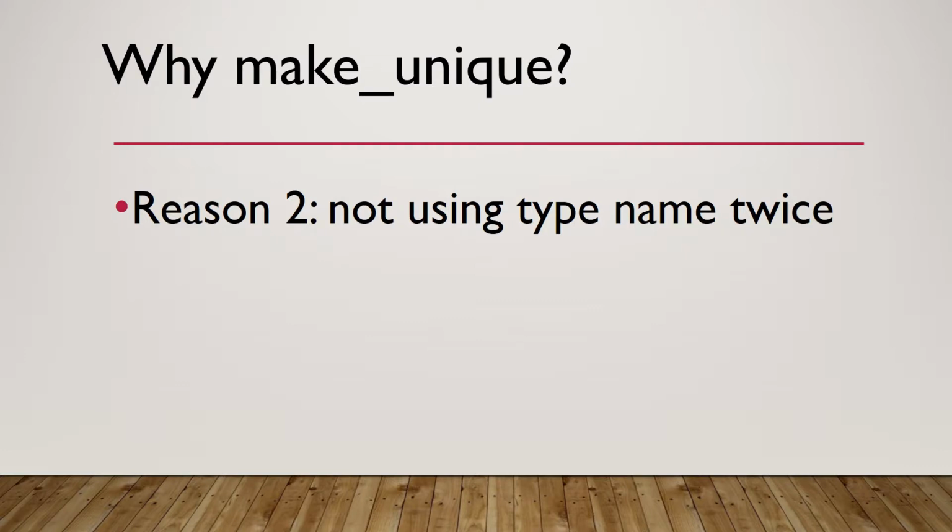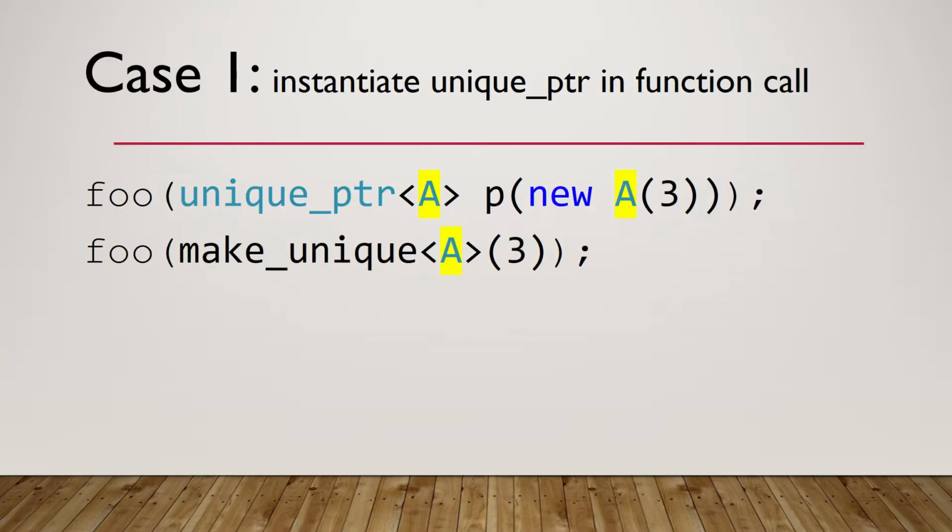The second reason to use make unique is no need to duplicate the type in one statement. Again, this is true when using it in a calling function. Class A is only used once in the new method with make unique, but twice with the old method.